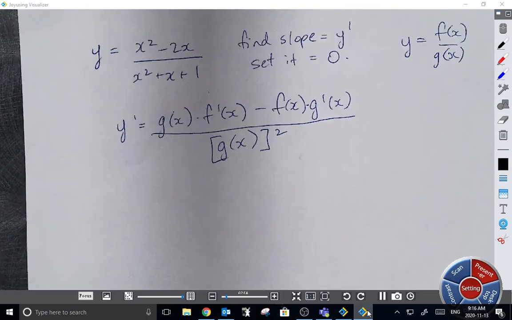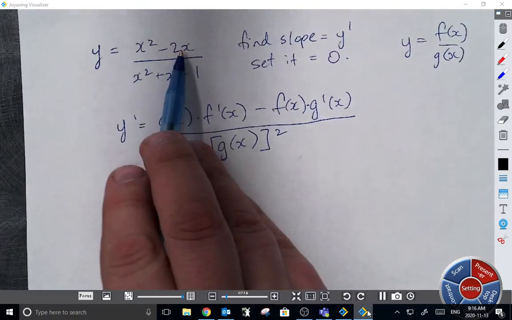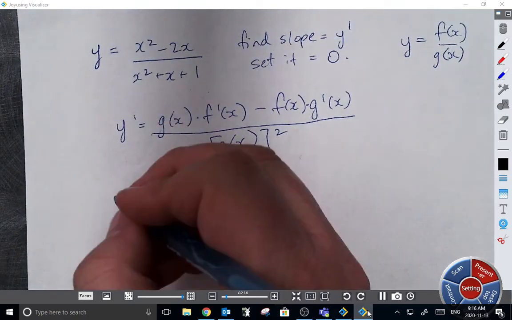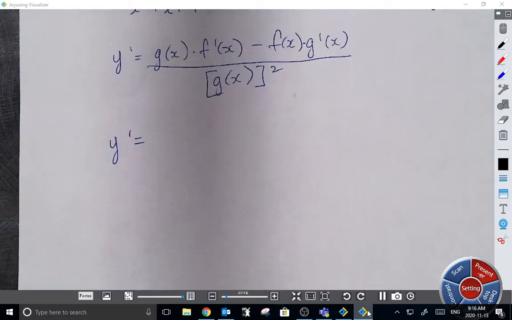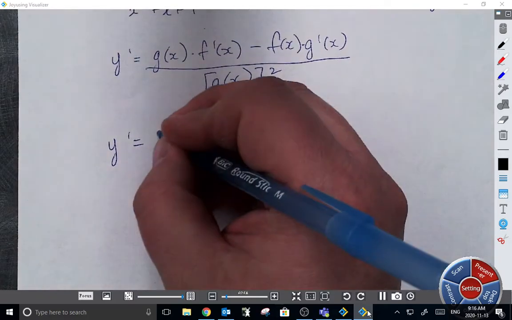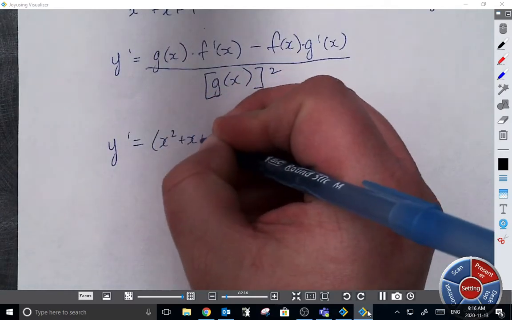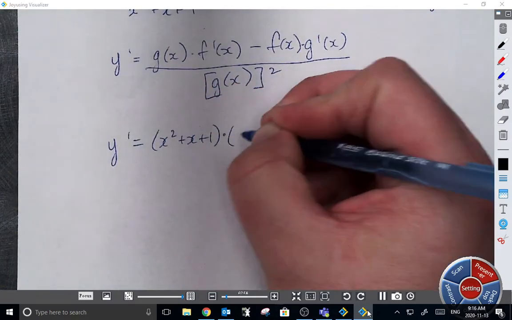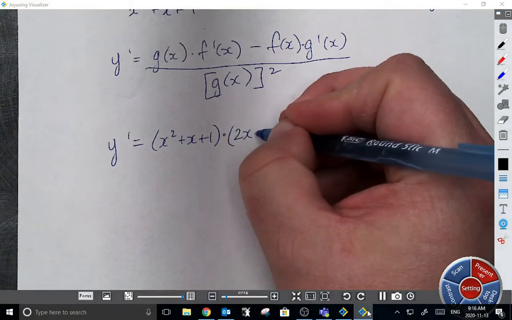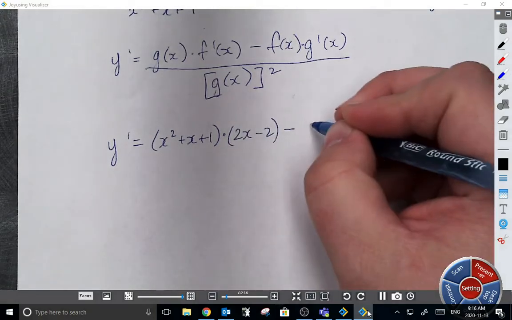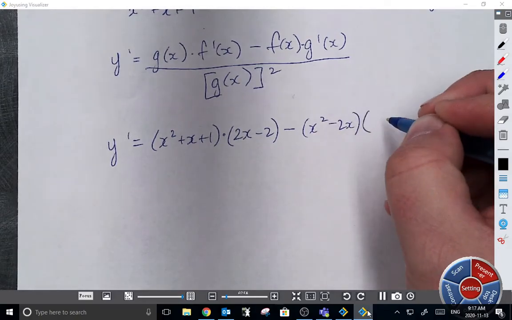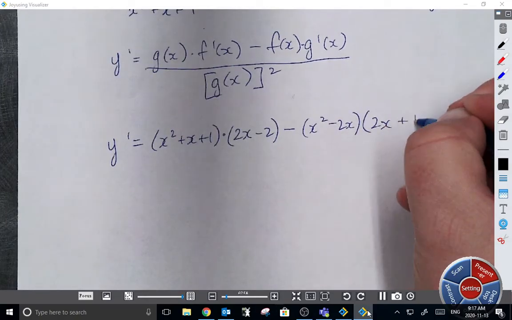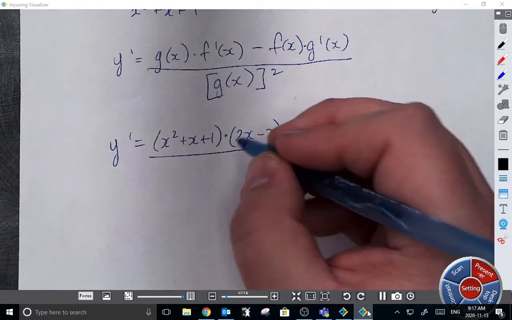So f of x is this numerator, g of x is that denominator. I think I'm ready to put it into the formula. So it's the denominator times the derivative of the numerator minus the numerator times the derivative of the denominator all over the denominator squared.